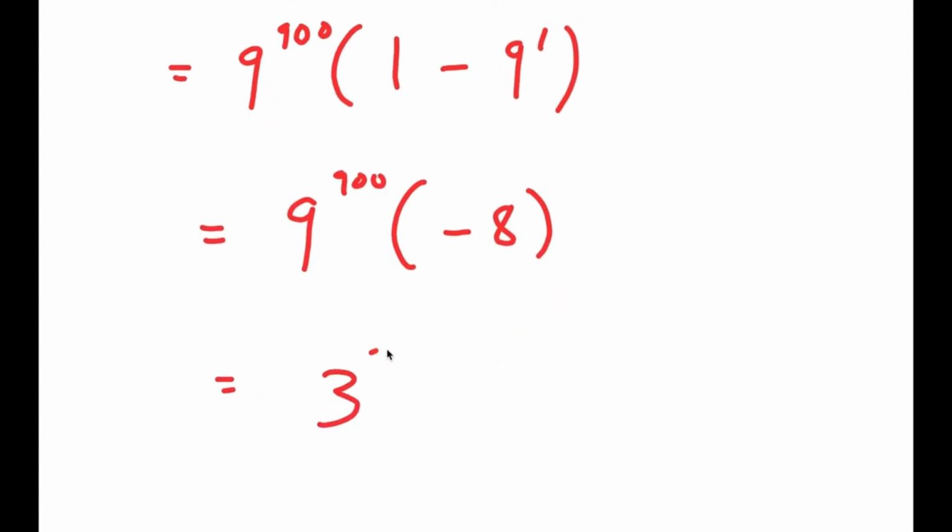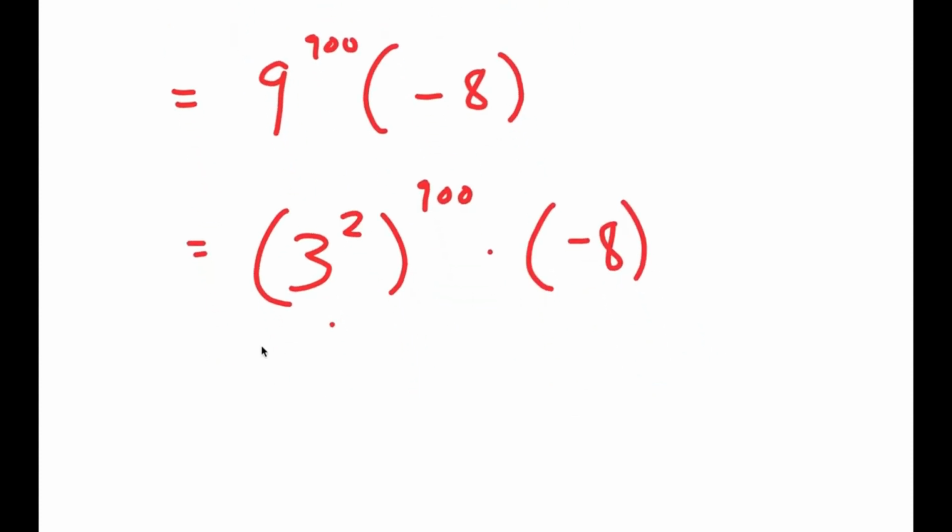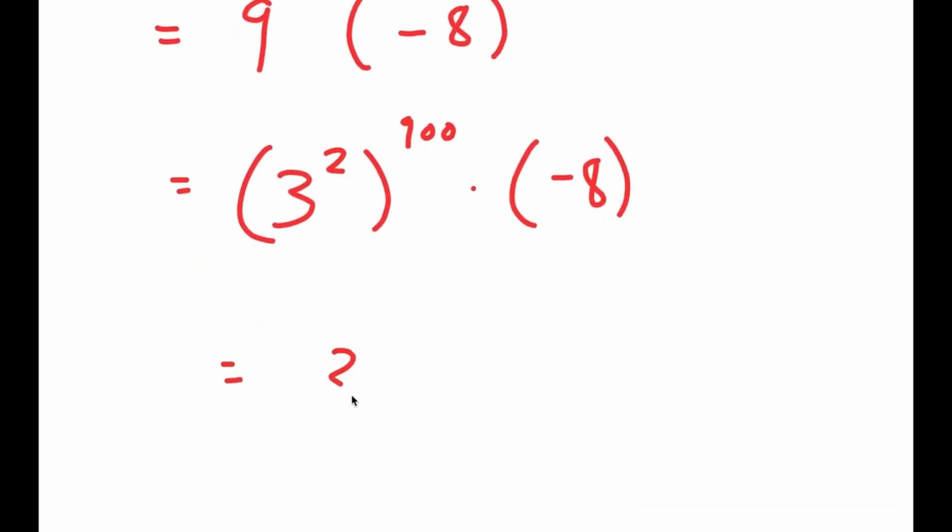Now this turns to 3 squared to the power of 900 times negative 8. And negative 8 I can rewrite as 2 to the power of 3, and I'm going to put the negative sign at the front.